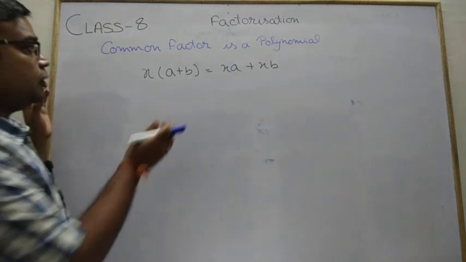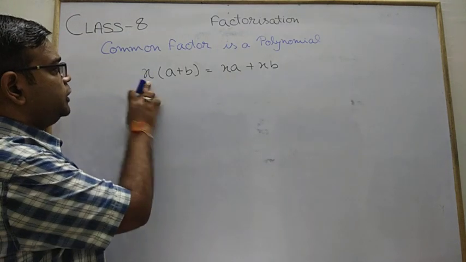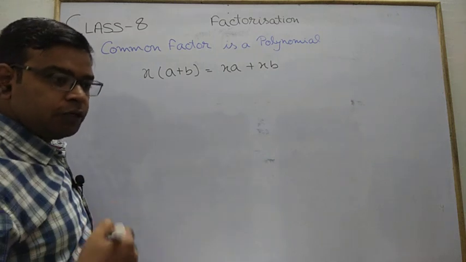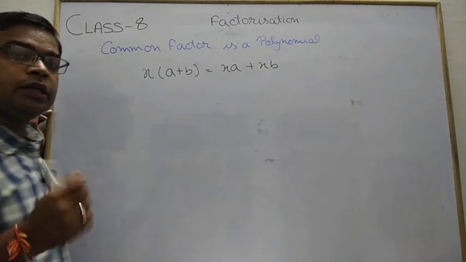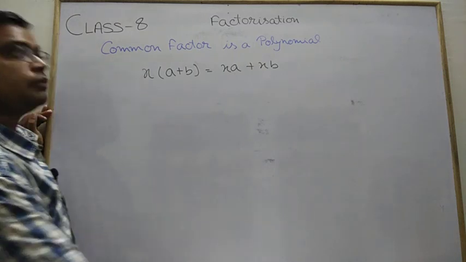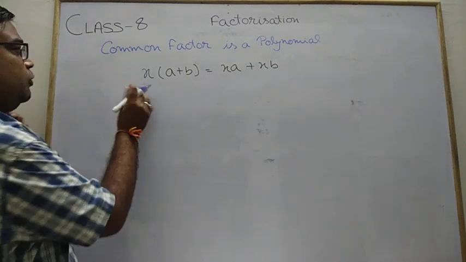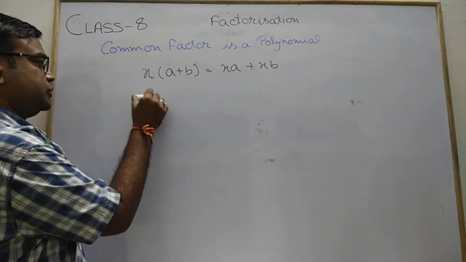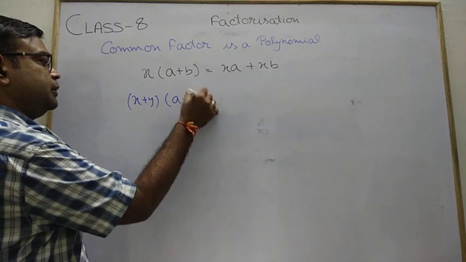If in place of this monomial x we change it into a polynomial, then what happens? I'm going to change this x into x plus y. So we have x plus y multiplied by a plus b.